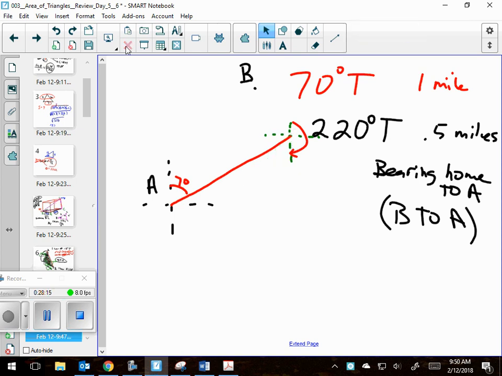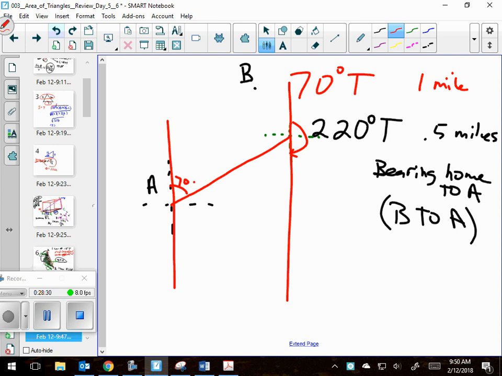Let's figure out what angle this was. If I do alternate interiors, I'm going to go across this line right there and make that 70. See how I did that? It's alternate interior angles. Sorry, those are two parallel lines, and this one's the transversal across here. So anyway, that's 70, and therefore that's 20. All right.